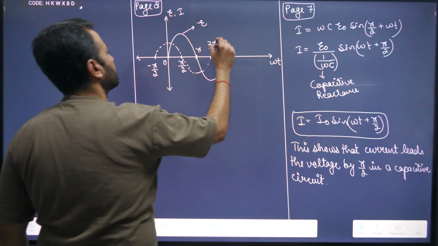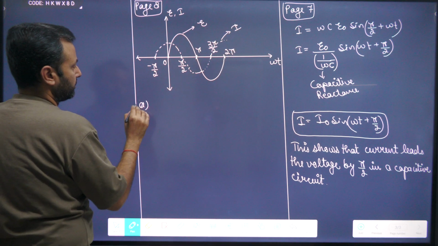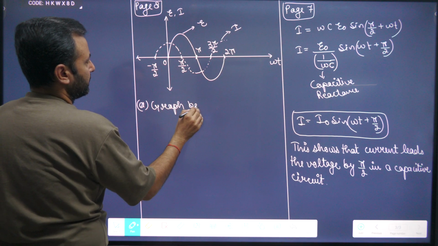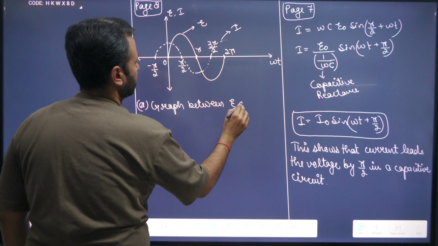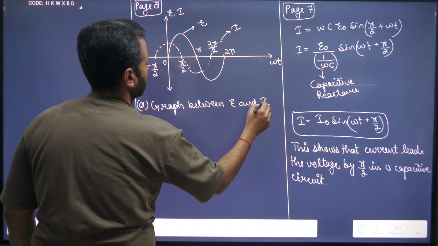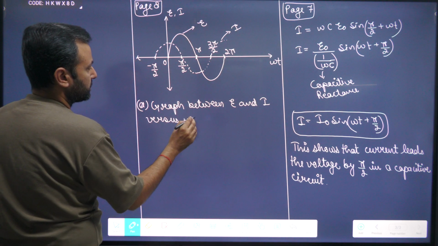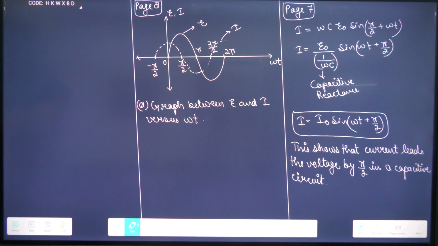So this graph is of I. Graph between E and I versus omega t.